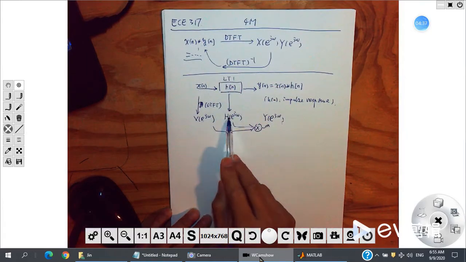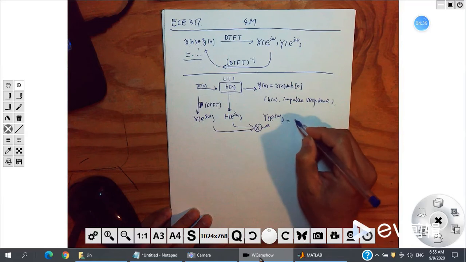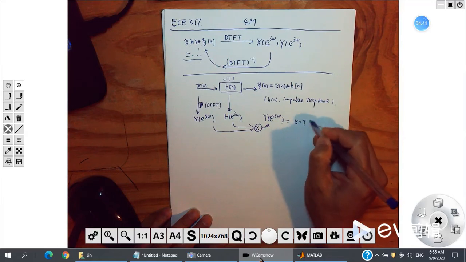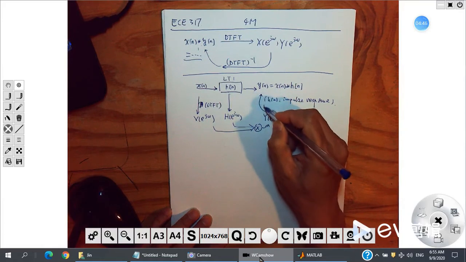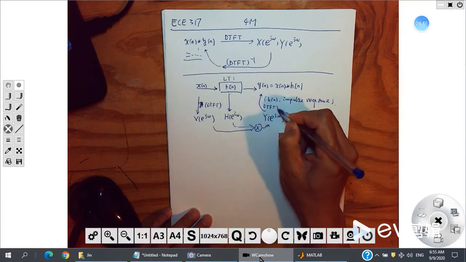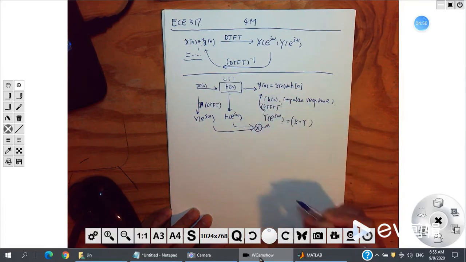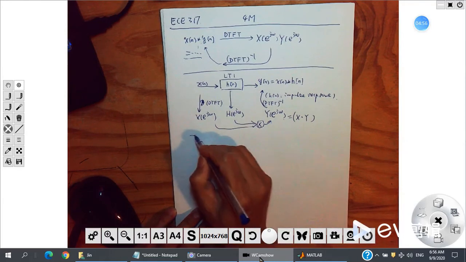X times H, we get Y. And then we perform the inverse DTFT, and we have y of n. So we can work like this.